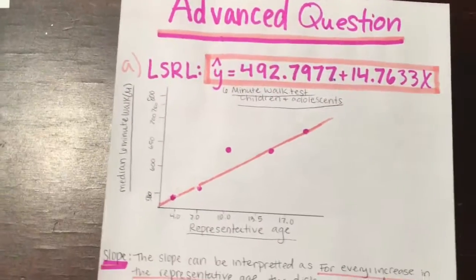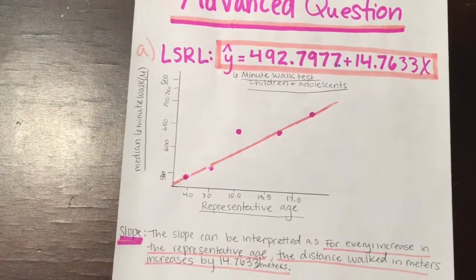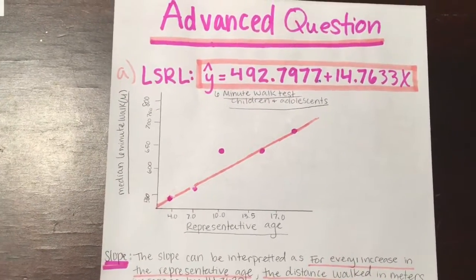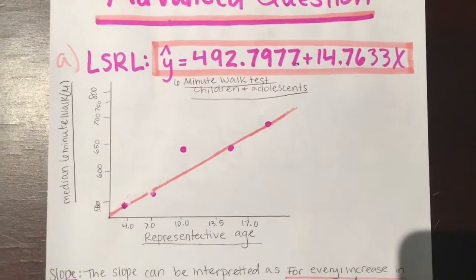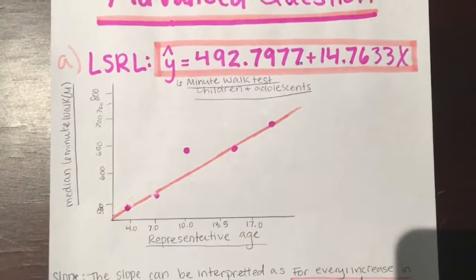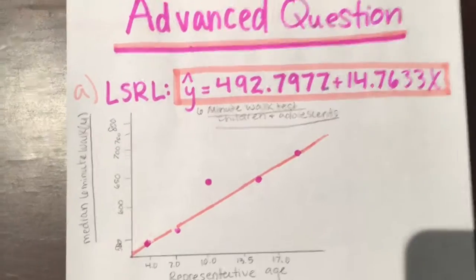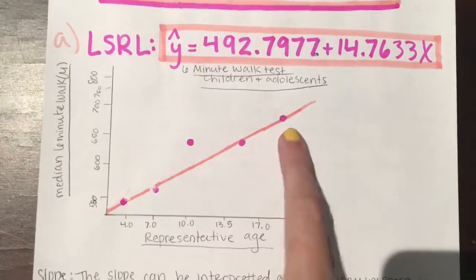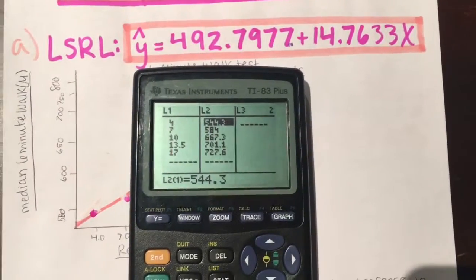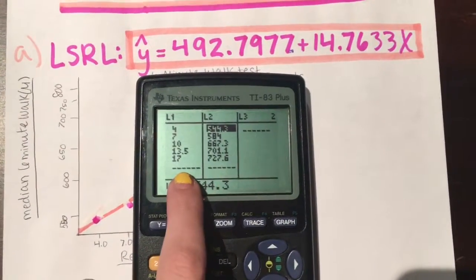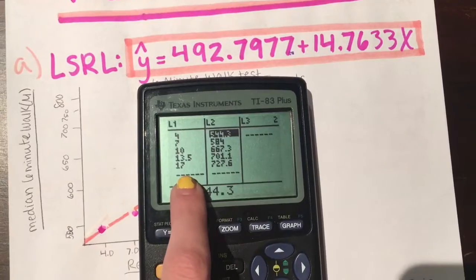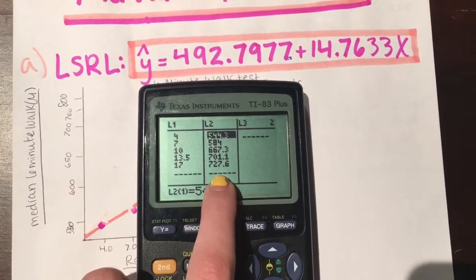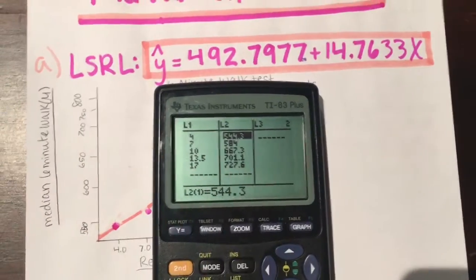So A asks us to determine the least squares regression line and interpret the meaning of its slope. I did this in my calculator, but I gave you a rough sketch of the dots and the line. I've entered into L1 my representative age, which is X, and into L2 the median 6-minute walk distance, which is in meters.